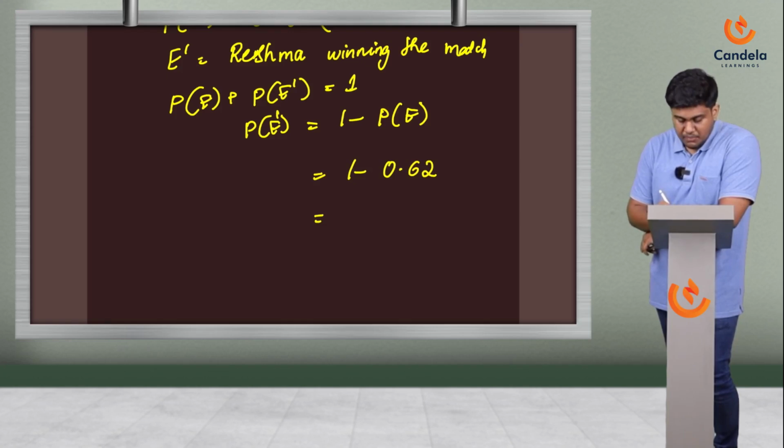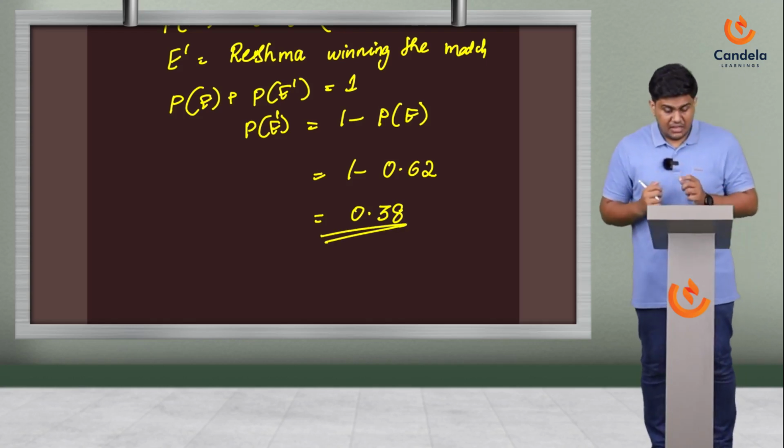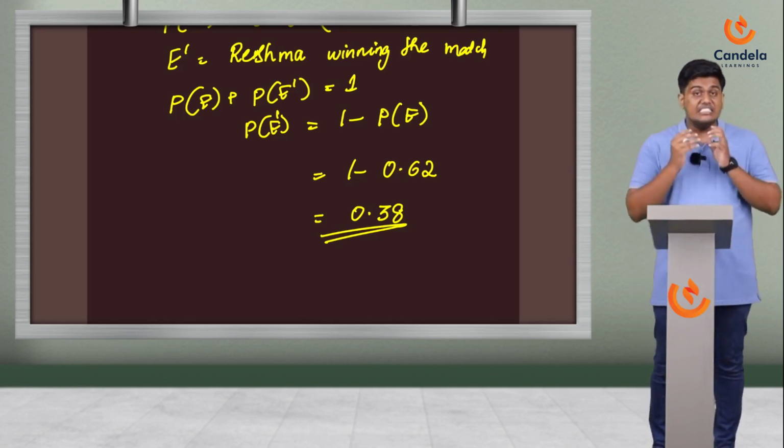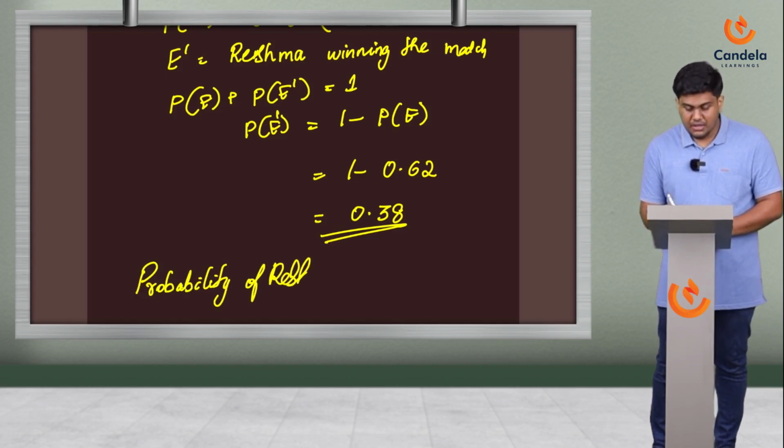The answer would be 0.38. So, the probability of Reshma winning the match would be 0.38. Let's write that answer one more time so that we are clear. Probability of Reshma is 0.38.